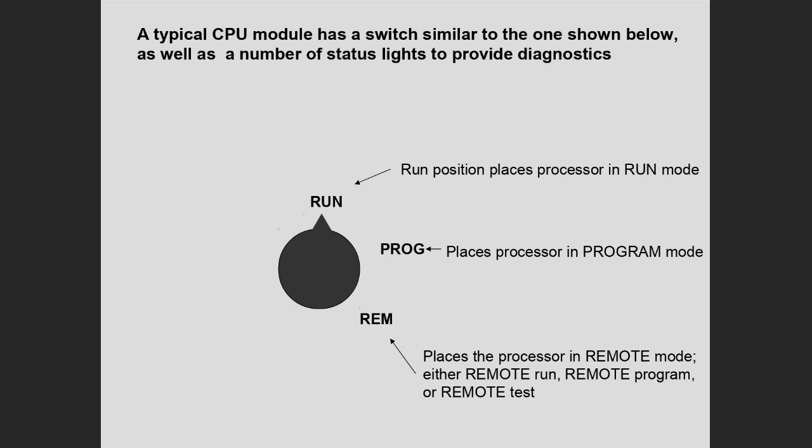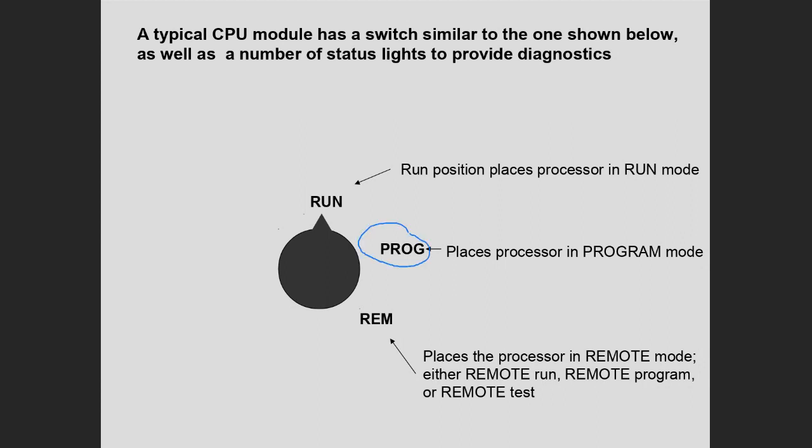And then if you want to run it, you've got to tell the PLC, hey, I'm not editing this anymore, I want to actually run it. So the two important positions are the program position and the run position. If you're actually programming your PLC, you'll have this switch or knob or lever in program mode, so you'll have it set right here.